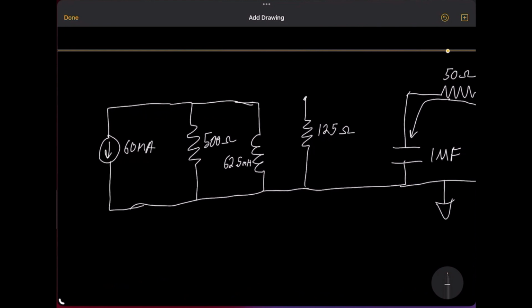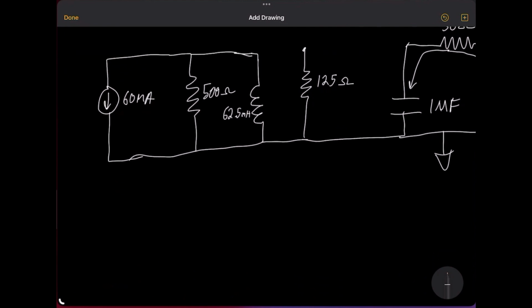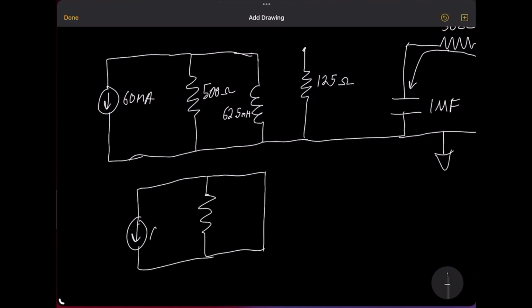Okay, now let's look at this inductor. Well, we know as this sits for a very long time, it's going to short circuit, like so. And then we have a current source here. Does this go down? It goes down, right? Okay, so what's this current value this way? We know this current source is going to take the path of least resistance.